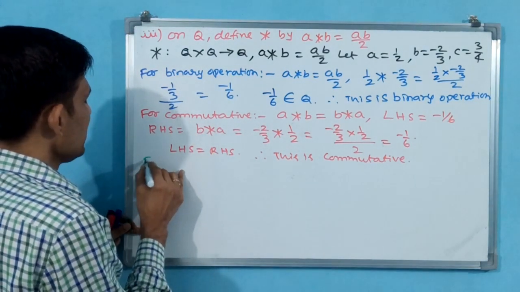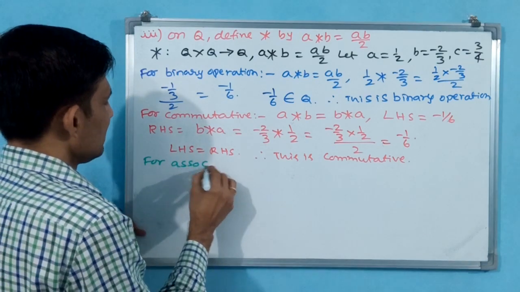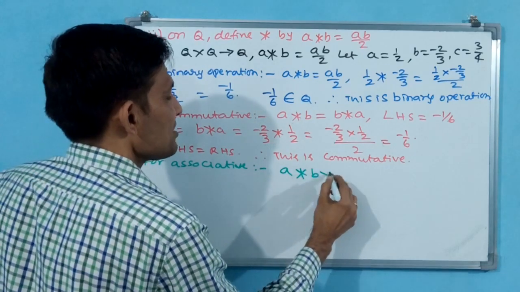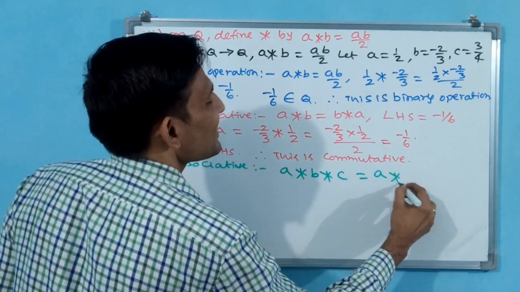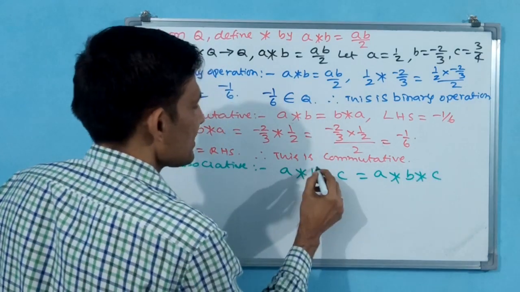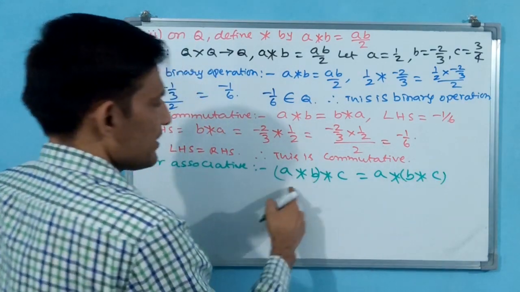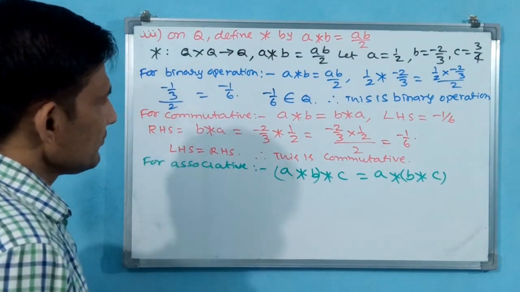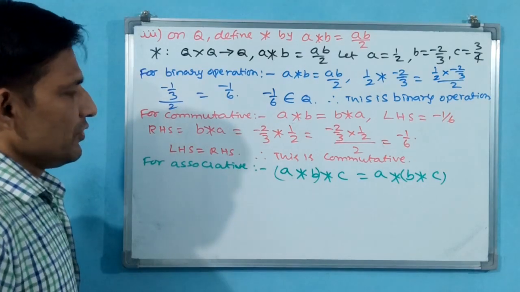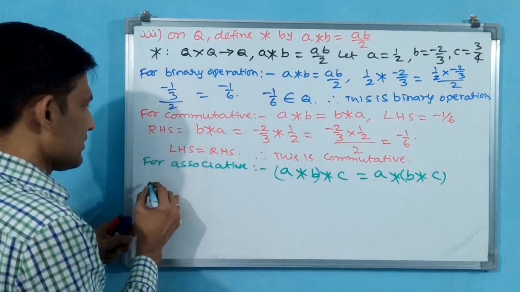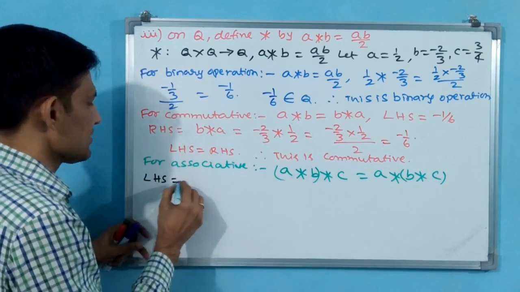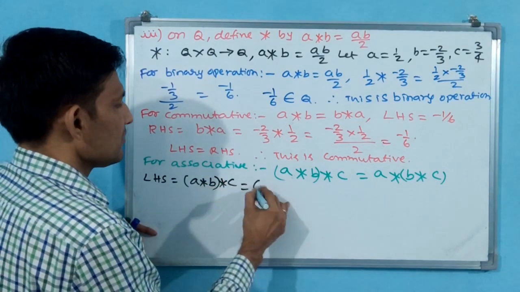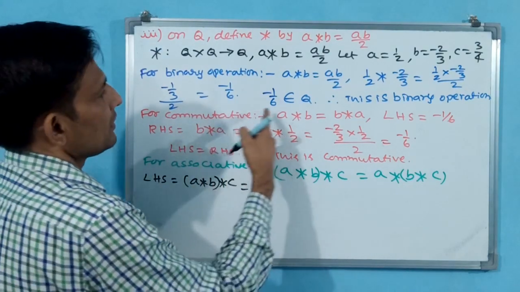For associative, (A star B) star C should equal A star (B star C), but the parenthesis will be like this, between AB and between BC. LHS, A star B you already have, a little bit of time you can save. LHS is equal to (A star B) star C, that is equal to A star B, how much? Minus 1 by 6.